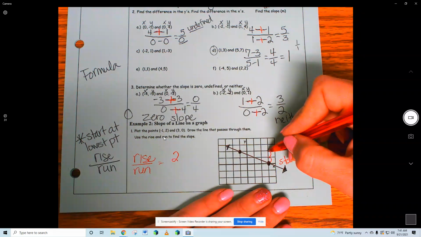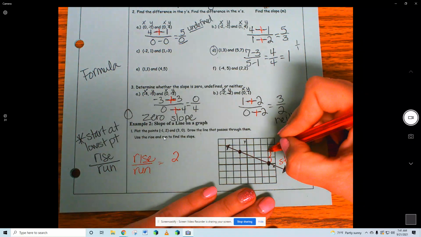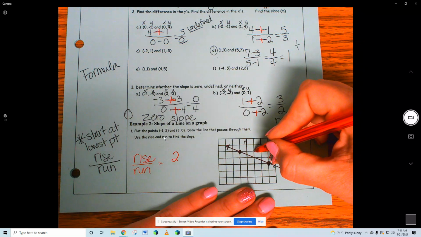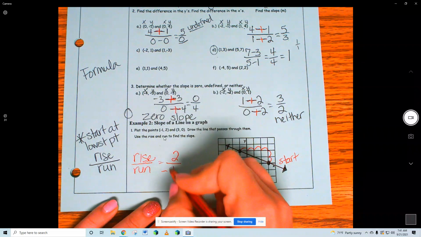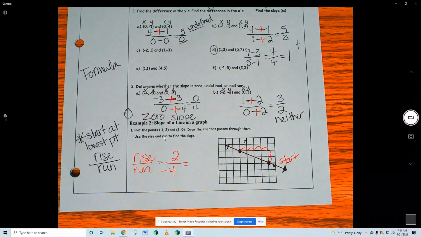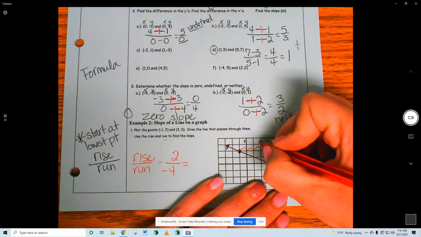And then I'm running. I have to go left. Left is what? Positive or negative? Left is negative. Negative 1, negative 2, negative 3, negative 4. And I'm going to put negative 4. 2 over negative 4.